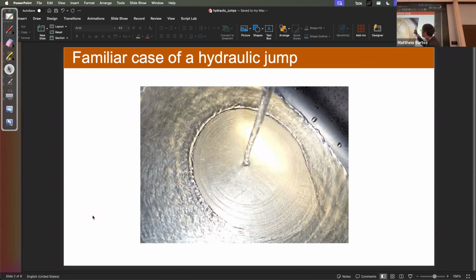So when that flow from the faucet hits the bottom of your sink basin, it'll start out with a very rapid flow that proceeds outwards from the point of contact until you get a transition to subcritical flow downstream. So even in this very mundane case, you can often find a hydraulic jump.